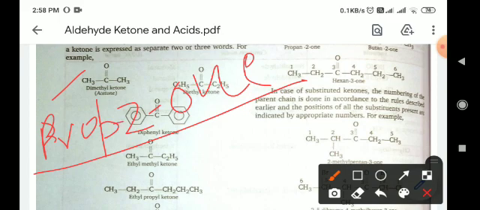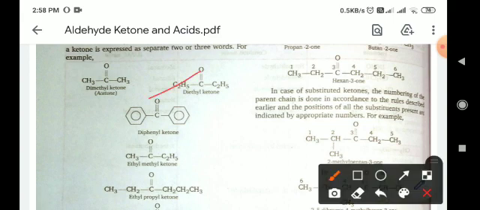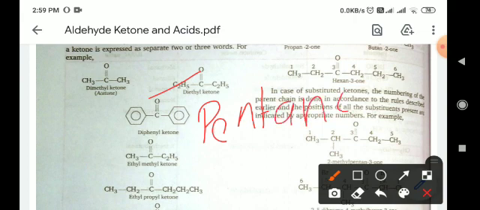It is commonly known as acetone. And this one is known as diethyl ketone, but the IUPAC name of this compound will be pentanone, because a 5 carbon chain is present here.